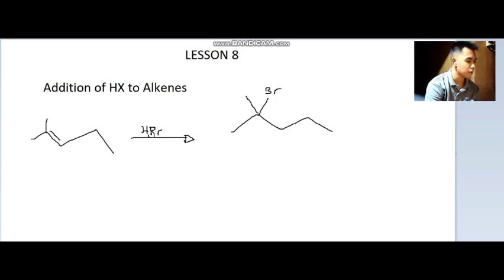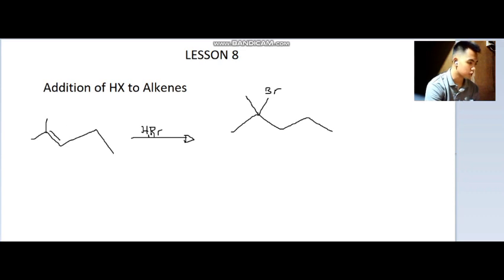What happens is that, based on the rule that I have stated earlier, the hydrogen is prone to attaching to the areas of the carbon that has at least bonds.